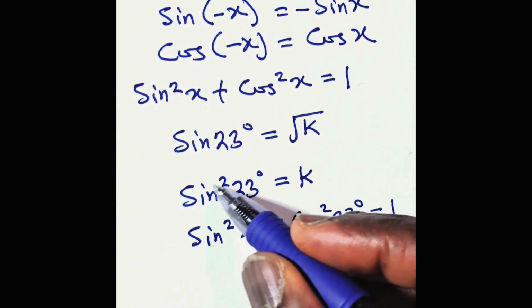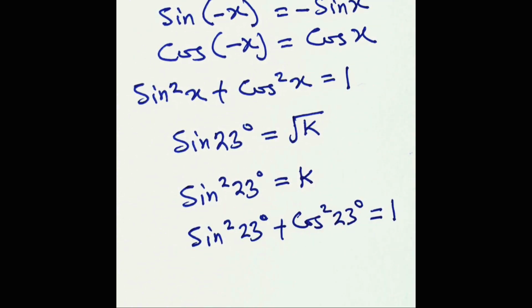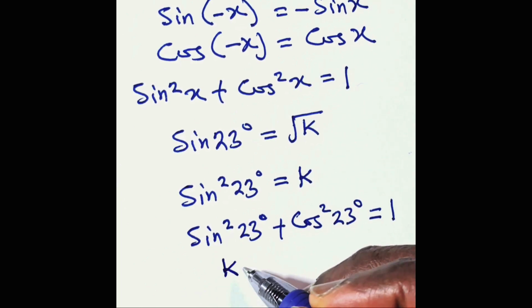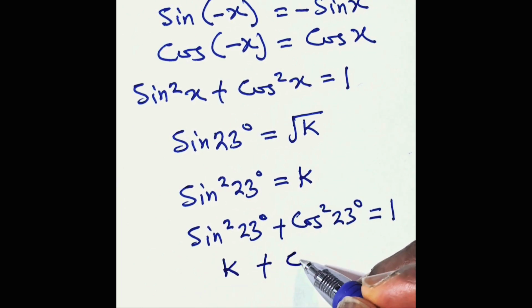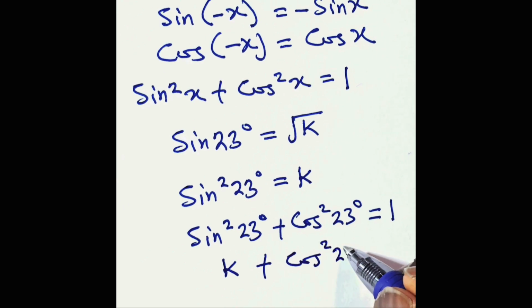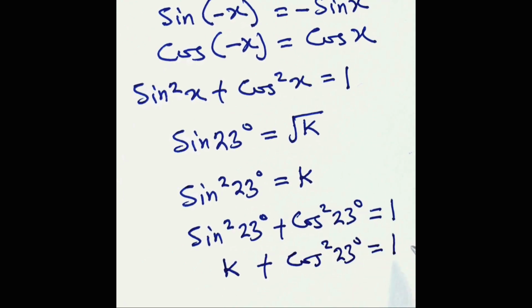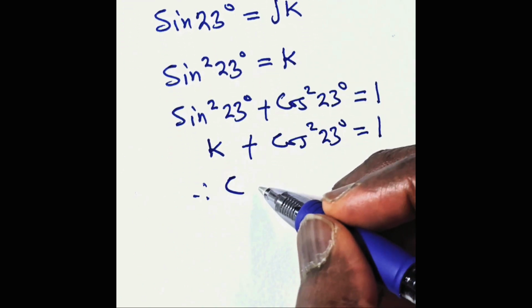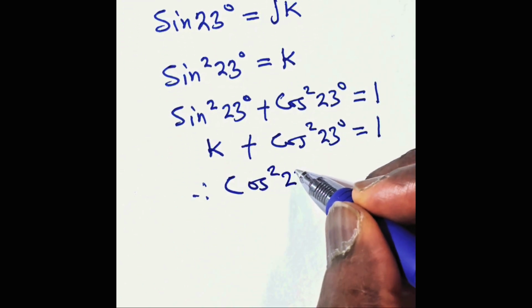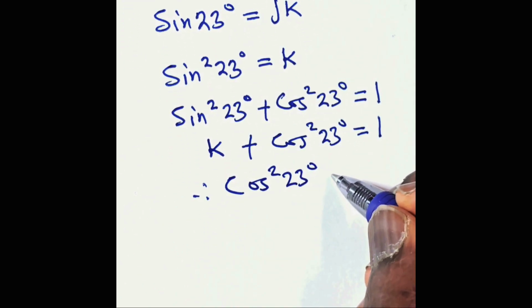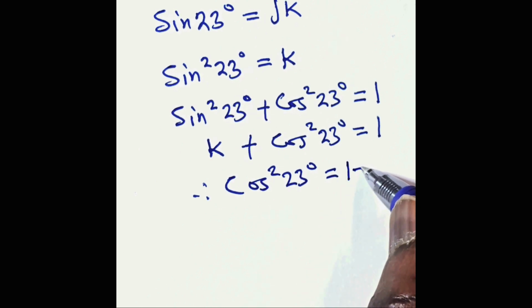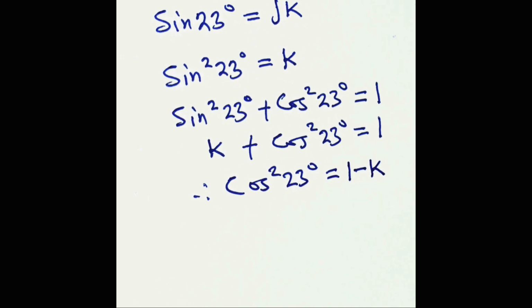We already know that sine squared 23 degrees is k, so we put that in: k plus cos squared 23 degrees equals 1. Therefore, cos squared 23 degrees will equal 1 minus k.